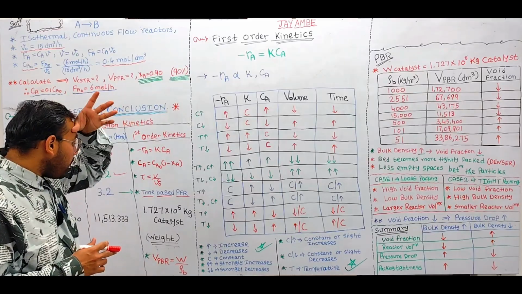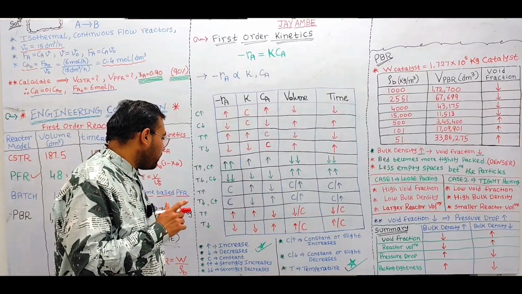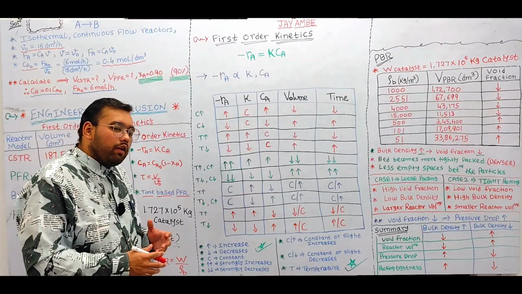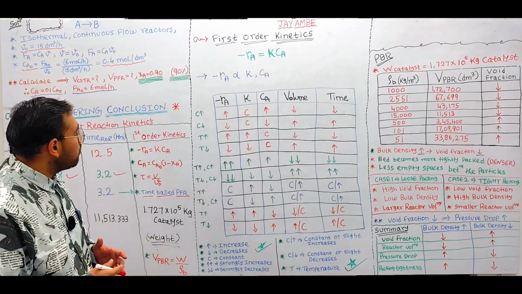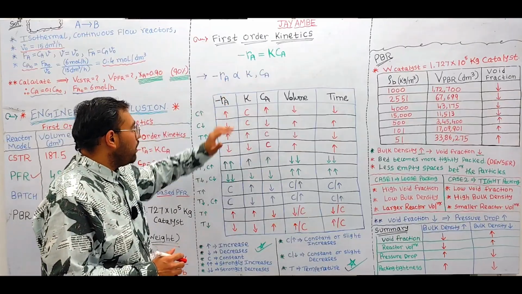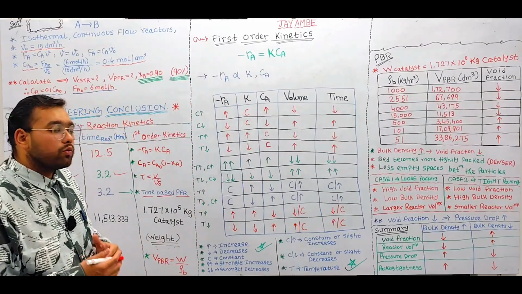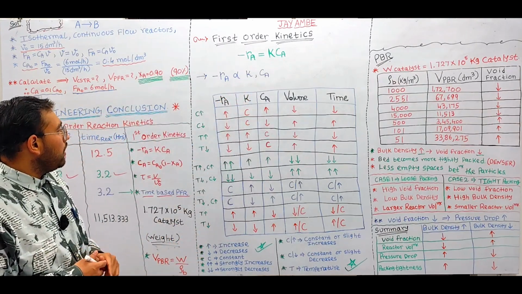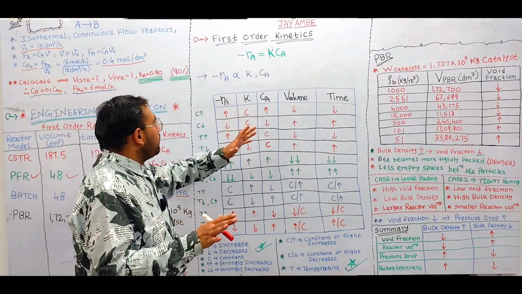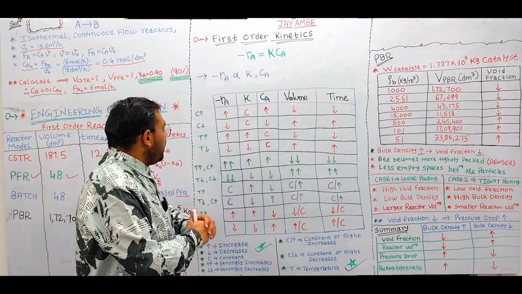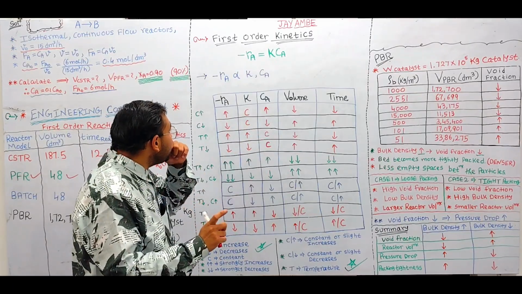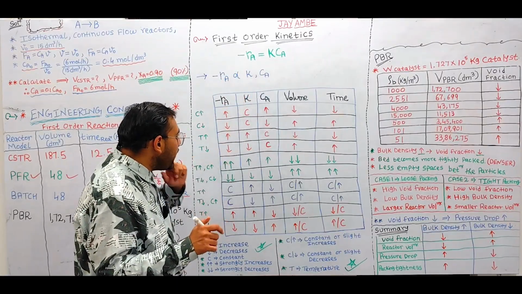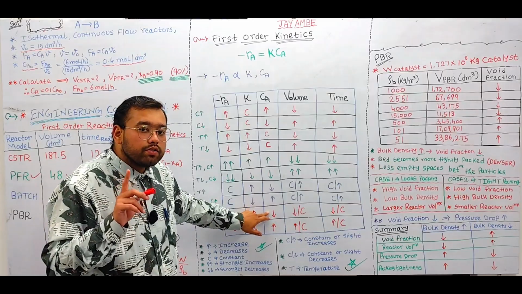In the ninth part, what if I increase the reaction rate, and simultaneously I am also increasing the rate constant value, and slightly decreasing the concentration?